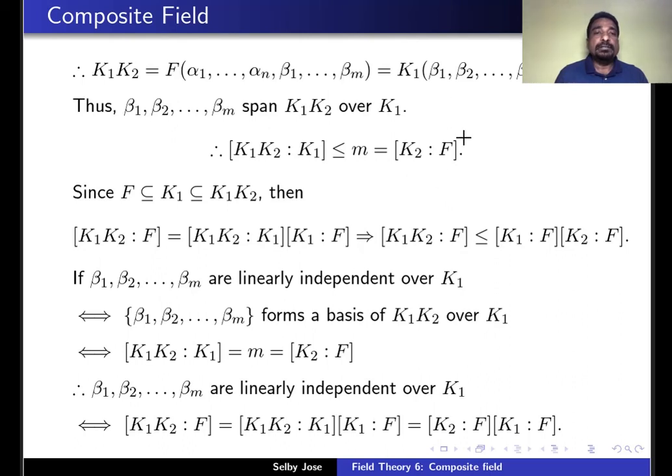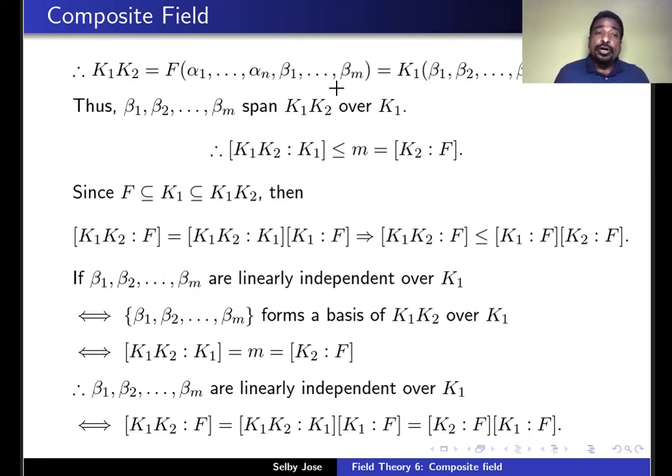Because the F basis of K1 is alpha 1, ..., alpha n, we can write K1K2 as K1(beta 1, beta 2, ..., beta m). That means that beta 1, beta 2, ..., beta m generates K1K2 over K1.